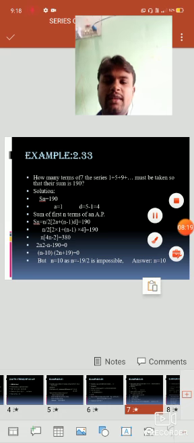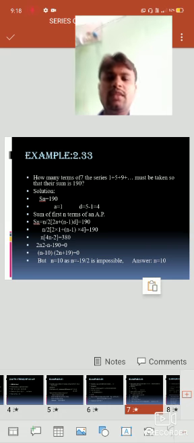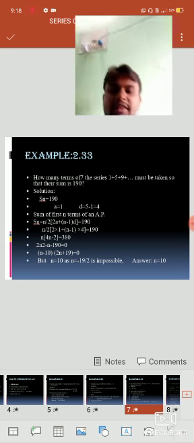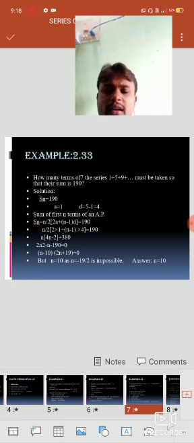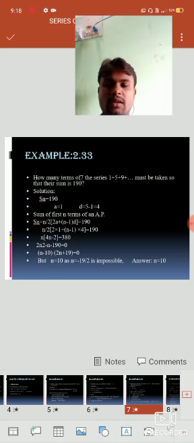So 190 into 2 is 380. Then n into (2 plus 4n minus 4) is equal to 380. Multiplying the n inside, 2n square minus n minus 190 is equal to 0.